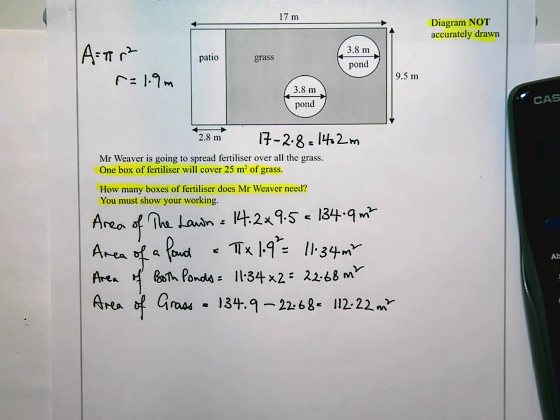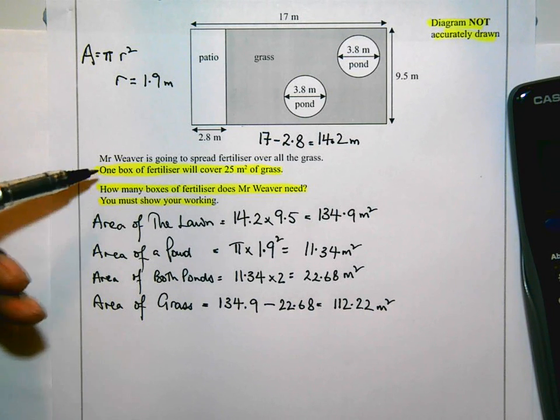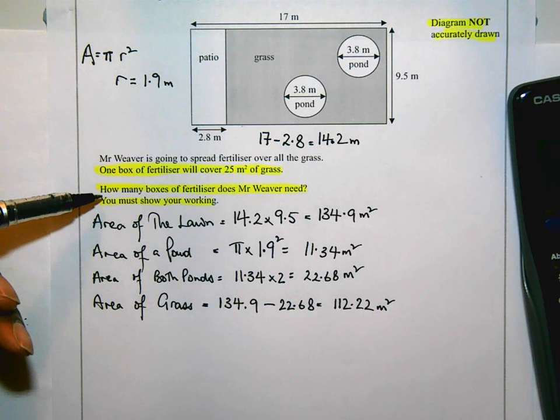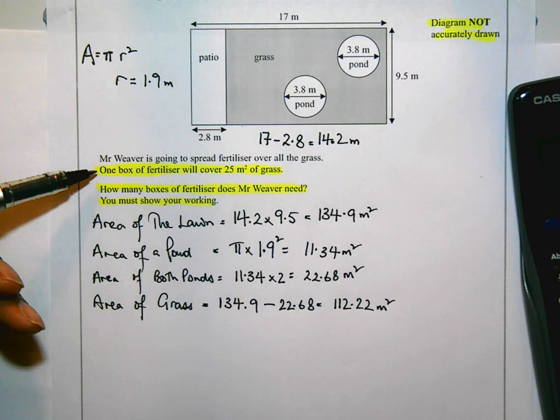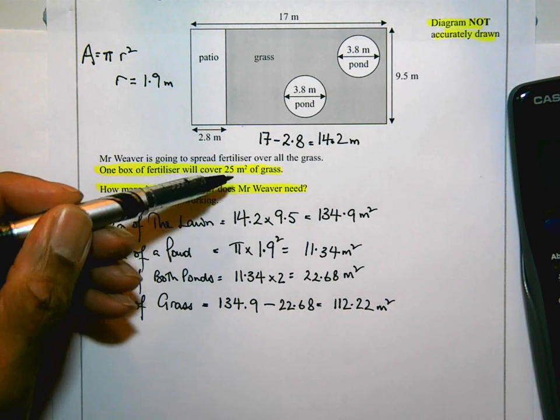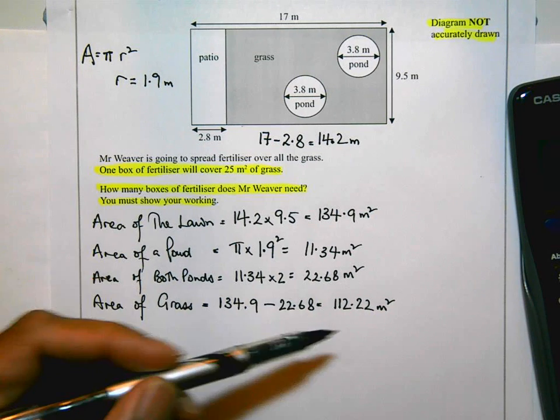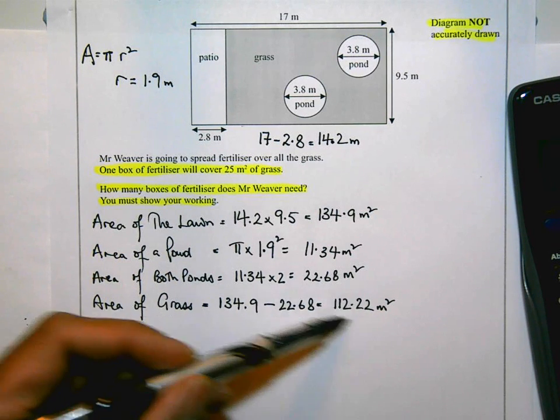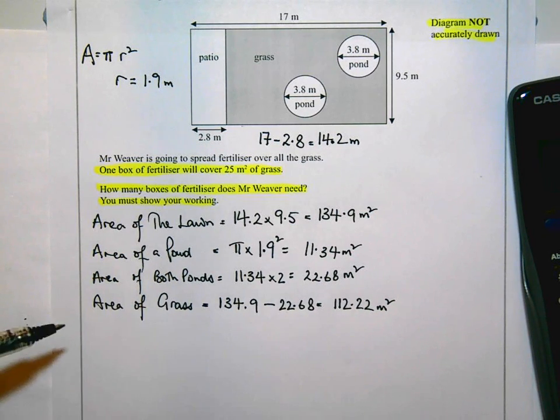Now, remember they said, how many boxes of fertilizer does Mr. Weaver need to fertilize the whole garden? One box covers 25 meters squared. So how many boxes are going to be needed to cover 112.22 meters squared?